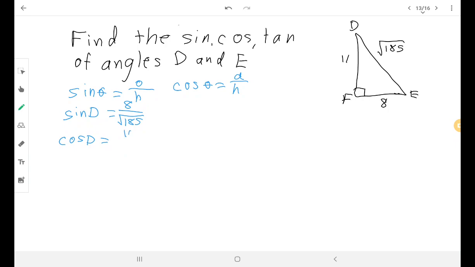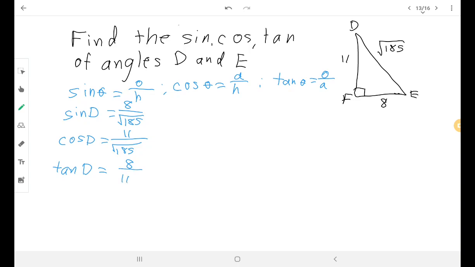So then we get 11 over the square root of 185. Okay, and then the tangent of angle D. Tangent of any angle is the opposite over the adjacent side. So this would be 8 over 11.